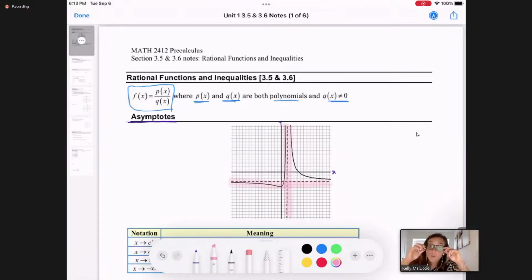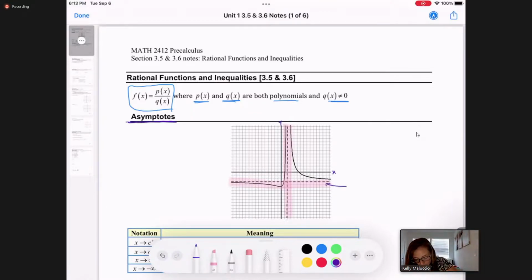Basically what's going on here is the X and Y axes are shifting to a new place. Consider those as the new axes, right? And that's what these asymptotes really represent. And we'll be talking a lot about that today.